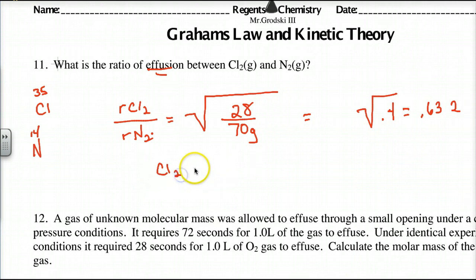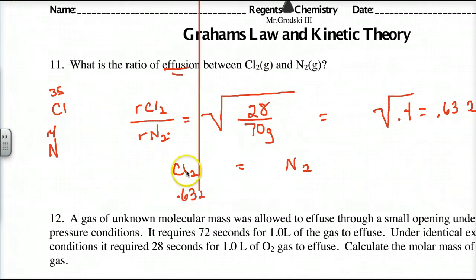Chlorine escapes, compared to N2, 0.632 times that of N2, or 0.632 to 1. What does that mean? Is it going faster or slower? It's going slower. It's 0.63.